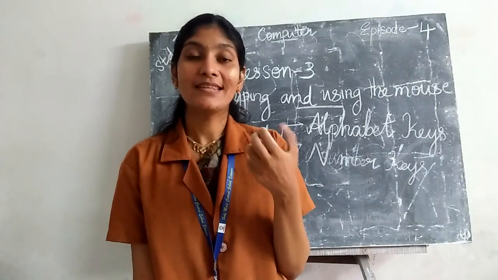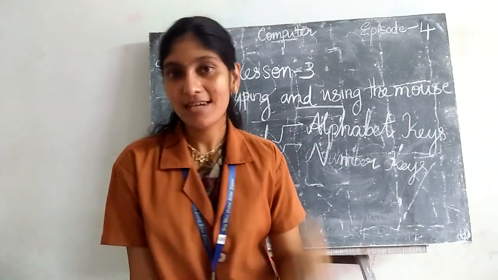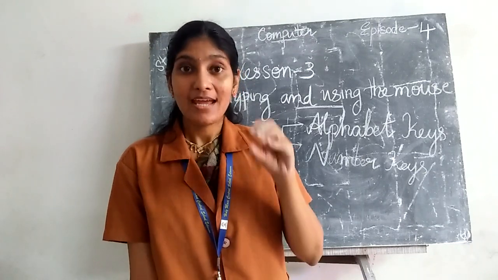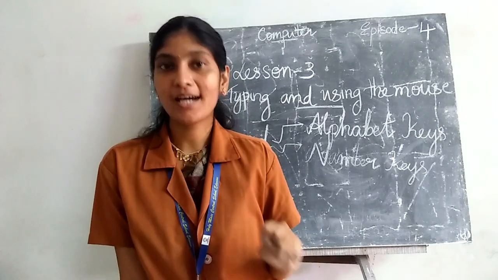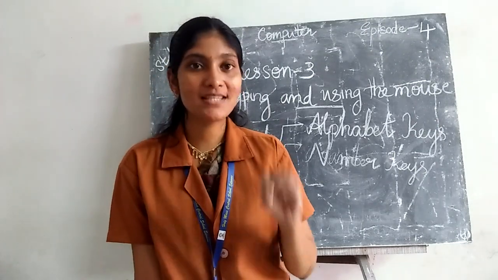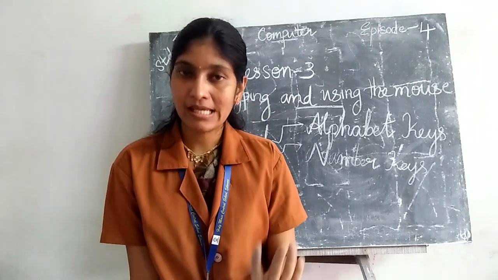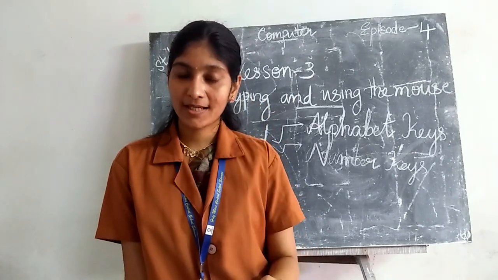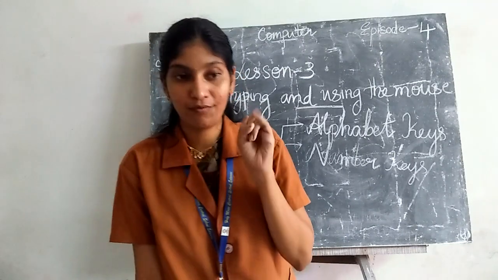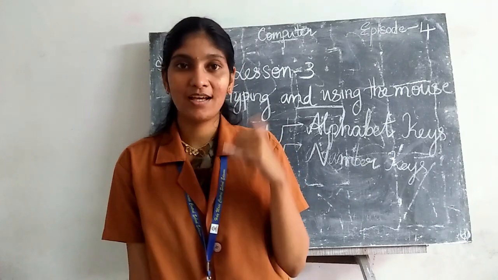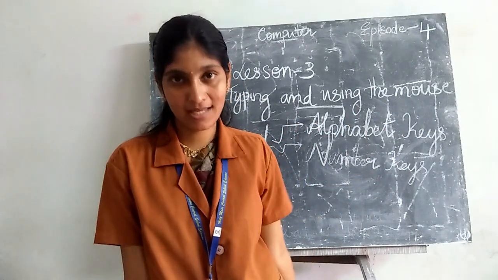Number keys means we know numbers. So can you tell me the numbers 1, 2, 3, etc. are the numbers. And in the keyboard 0 to 9 numbers are present. Which are the numbers? 0, 1, 2, 3, 4, 5, 6, 7, 8, 9. From 0 to 9. These digits are present in the number key.